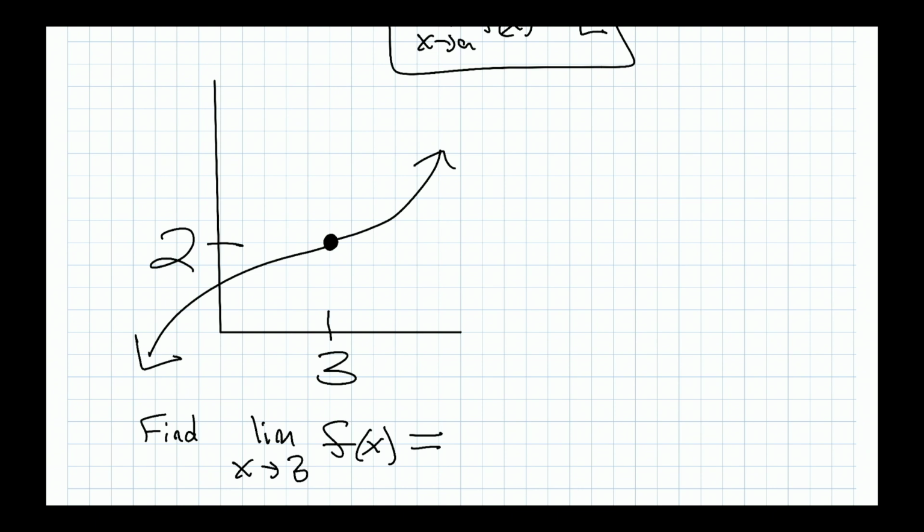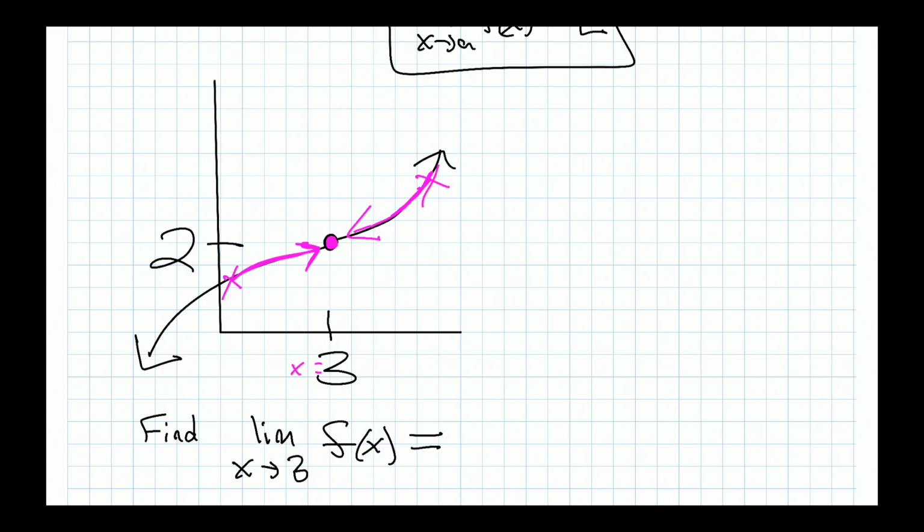So when I say trace the graph towards x equals 3, of course, this is x equals 3, right? But you're tracing the graph of the function. So if you're up here on the graph somewhere and you head towards x equals 3, you would be tracing this portion of the curve, right? And where do you end up? You end up right at that dot. Now, if you start out on the other side of 3 and you head towards x equals 3, then you'd be heading this way. Where are you going to end up? You're going to end up at this dot again, right?